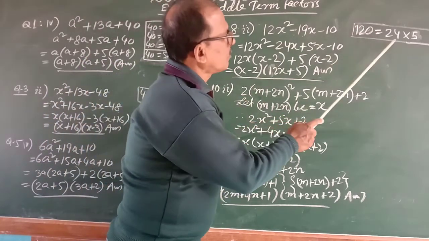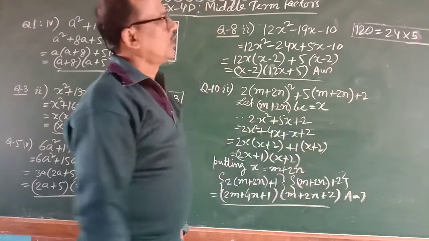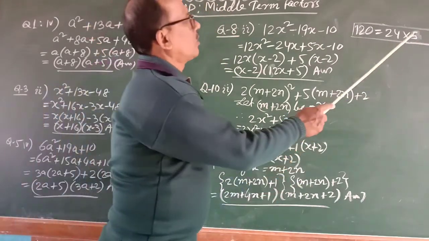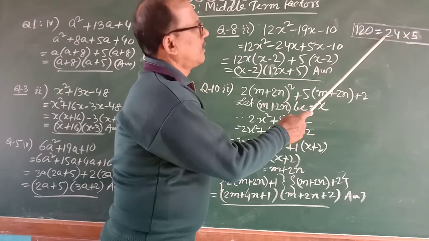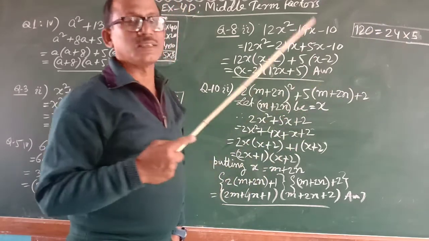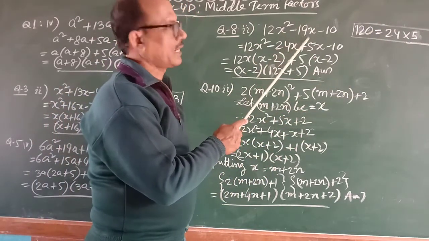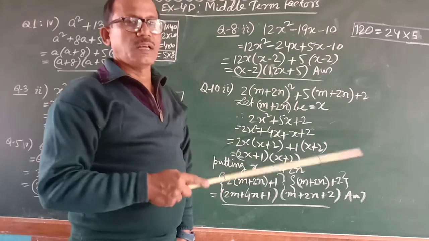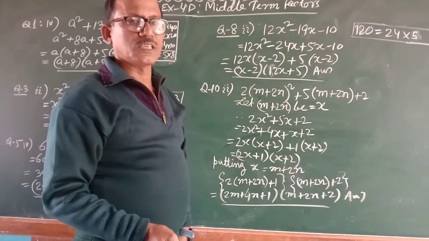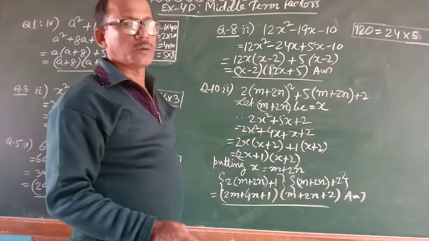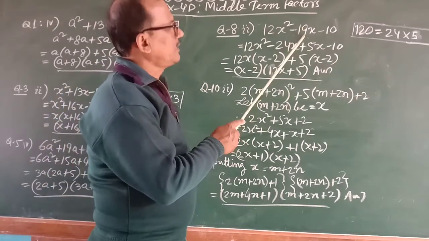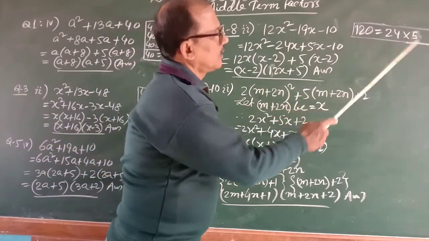If you do 120 as 24 into 5, then 24 and 5, if you subtract, you will get 19. Your target is to get 19 with the operation of addition or subtraction of the 2 factors you are picking. So it will be 24 and 5.